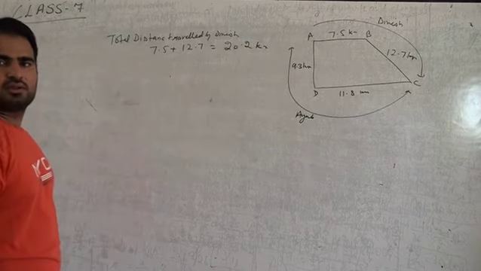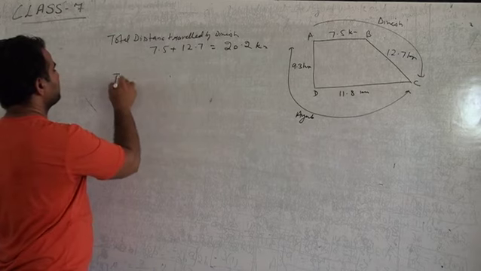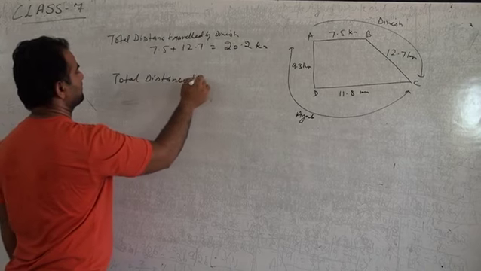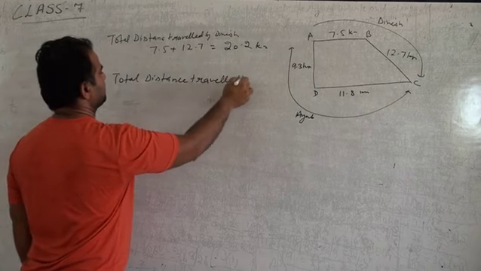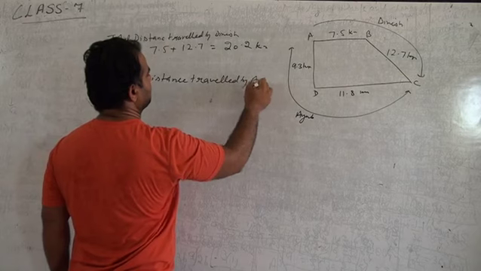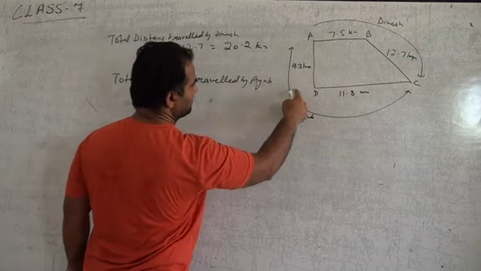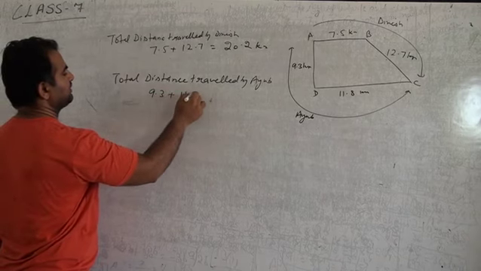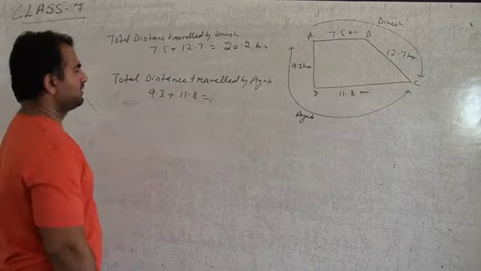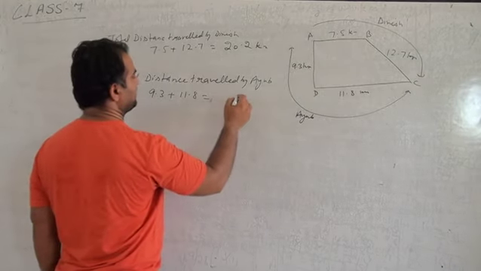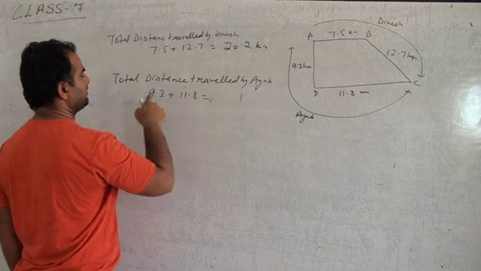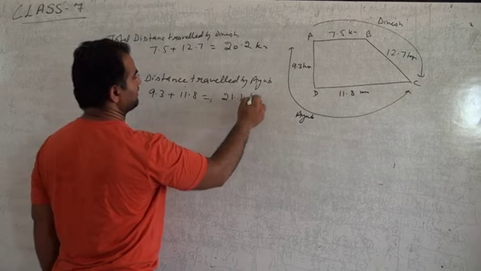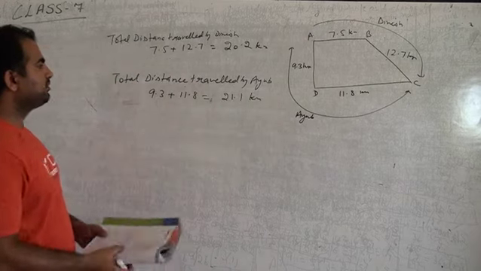Next, total distance traveled by Ayub. Ayub goes 9.3 and 11.8. 9.3 plus 11.8: 3 plus 8 is 11, 9 plus 1 is 10, 10 plus 11 is 21. So 21.1 kilometer.